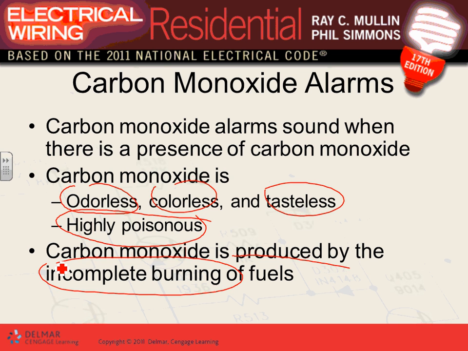As your furnace burns natural gas, under certain circumstances it could malfunction, meaning it doesn't burn it completely. The byproduct of incomplete burning of natural gas, or any process, will be carbon monoxide, that CO. Bad news. So every house is required to have at least one carbon monoxide detector.